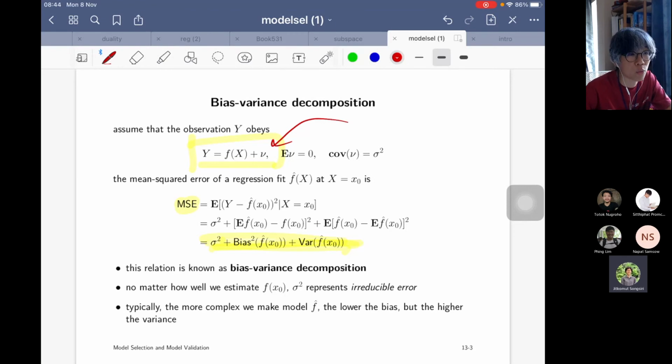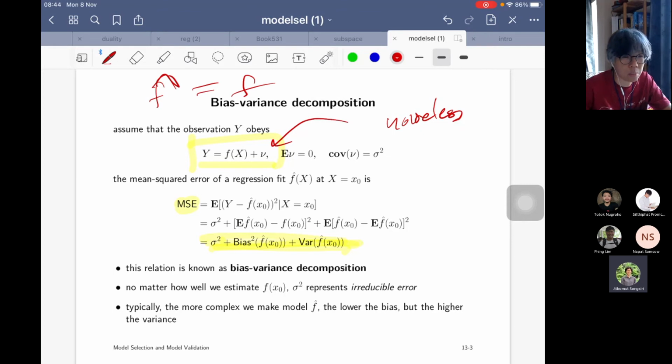It's possible only if your y comes from a noiseless model and you pick f hat that is exactly the actual f. But that's not realistic.